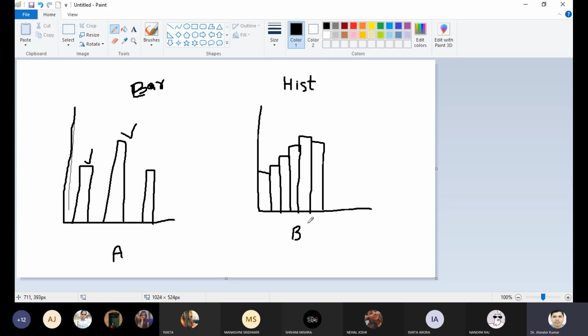While in a histogram we try to represent only one variable at a time. So you have multiple variables in a bar graph, while in a histogram we have only one variable.